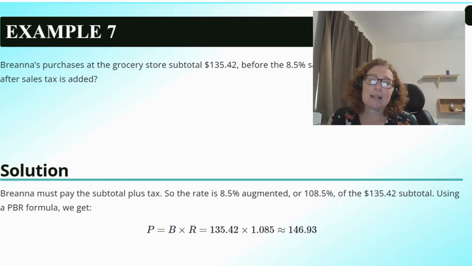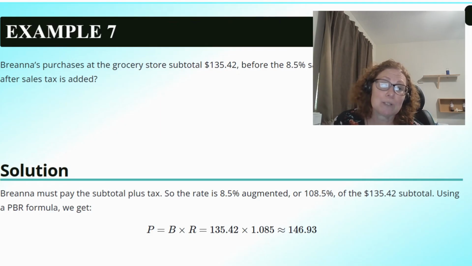Another way that you could do it is you could say 135.42 times the 8.5%, or 0.085. That's going to give you the amount of the sales tax, but it does not get you to the total after the sales tax is included. So if you did that, you would have another step. This is just another way of doing that.